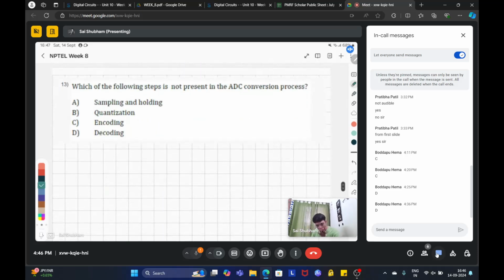So the next question is: which of the following steps is not present in the analog to digital conversion process? Sampling and hold, quantization, encoding, and decoding.